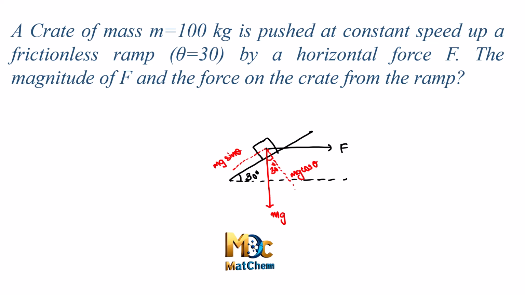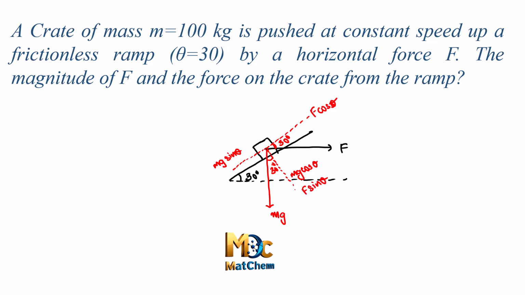Here we have a horizontal force, and it will be making an angle. What would this angle be? This angle will also be equal to 30 degrees, so this component will become F cos theta, and this component will become F sin theta. How do we resolve it?